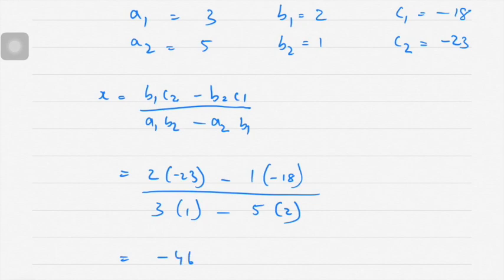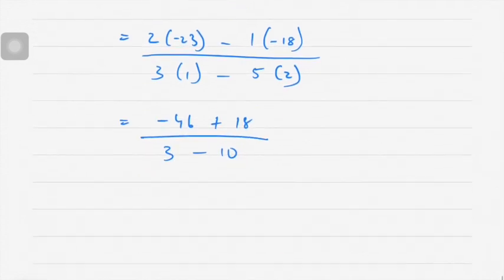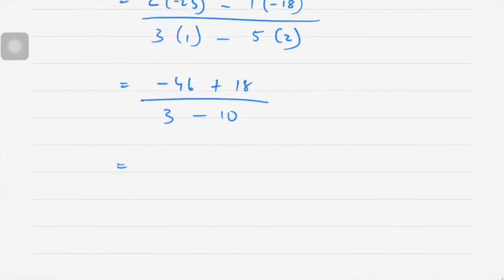Let's solve this. Minus 23 into 2 is minus 46, minus minus plus 18, upon 3 minus 10.